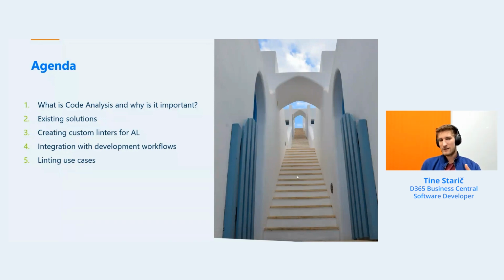And this is going to be the intro to the next topic, which is how to create a custom linter for AL. Throughout my webinar, I might use the terms linters, code analysis tools, and code analyzers interchangeably. They all mean the same thing: a tool that helps us analyze code before it ever gets to the code review process.